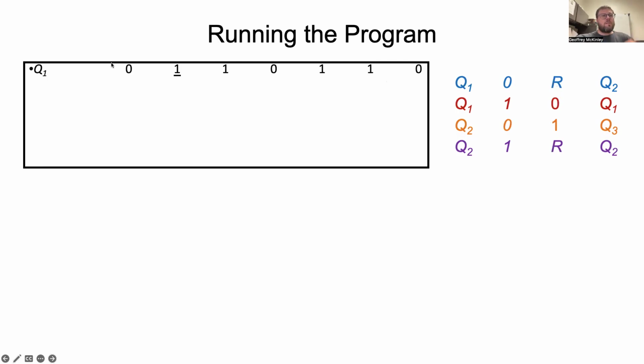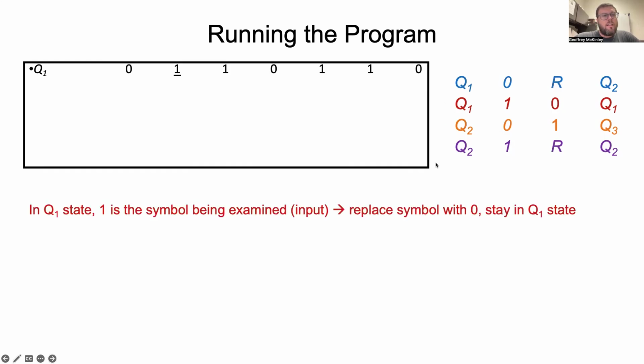In this example, our current state is Q1 and the input is one. So we're in the Q1 state, and the symbol being examined is one. If you're in that state, the action is to replace it with zero and then stay in the Q1 state.